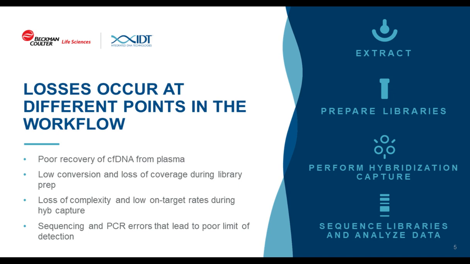All of this can lead to a poor limit of detection. When looking for low frequency variants, limit of detection is important in accurate identification. Low yield and losses throughout the workflow decrease confidence in the data, consume precious sample, and may require repeating the prep.